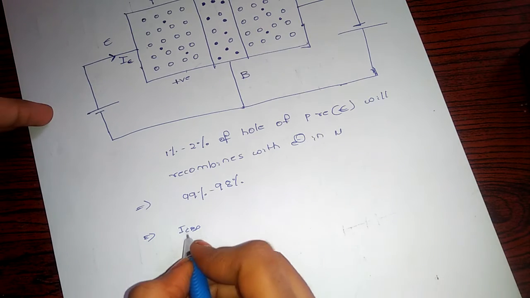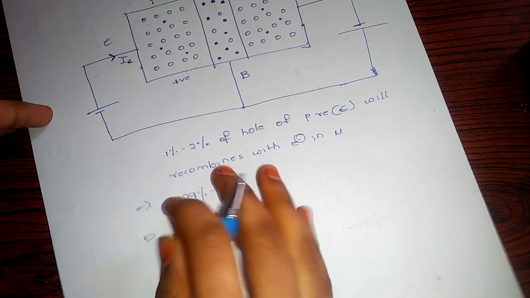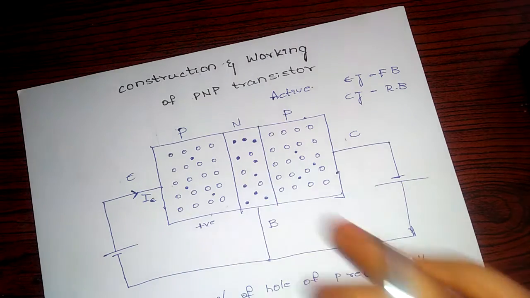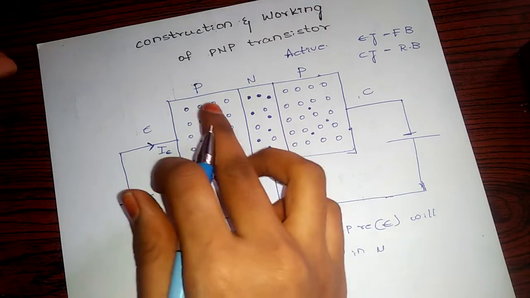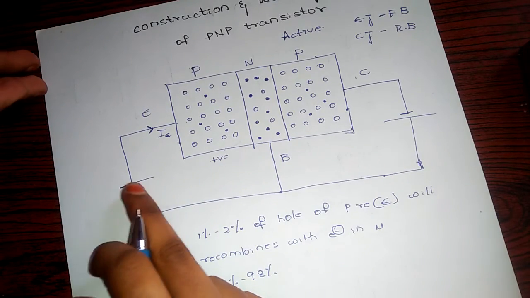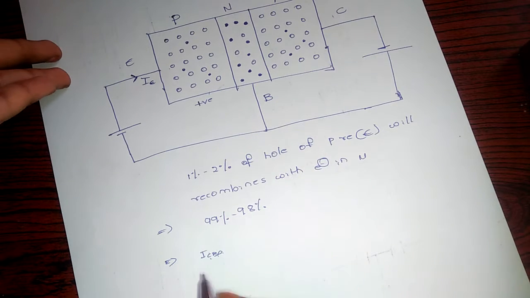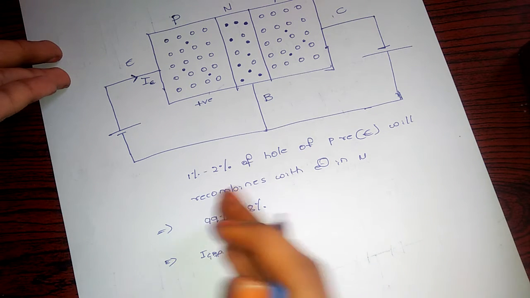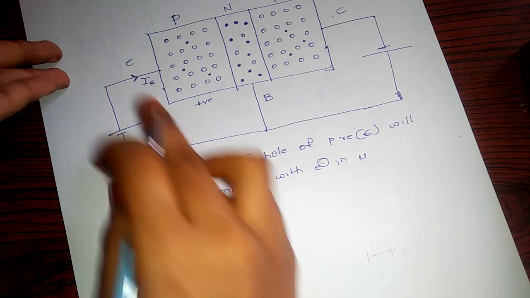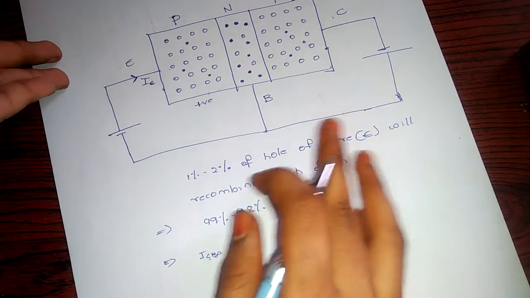ICB0 means collector to base with open emitter. Without giving voltage to this terminal, ICB0 can flow. As the name says, collector to base, the saturation current will flow by minority charge carriers with open emitter.